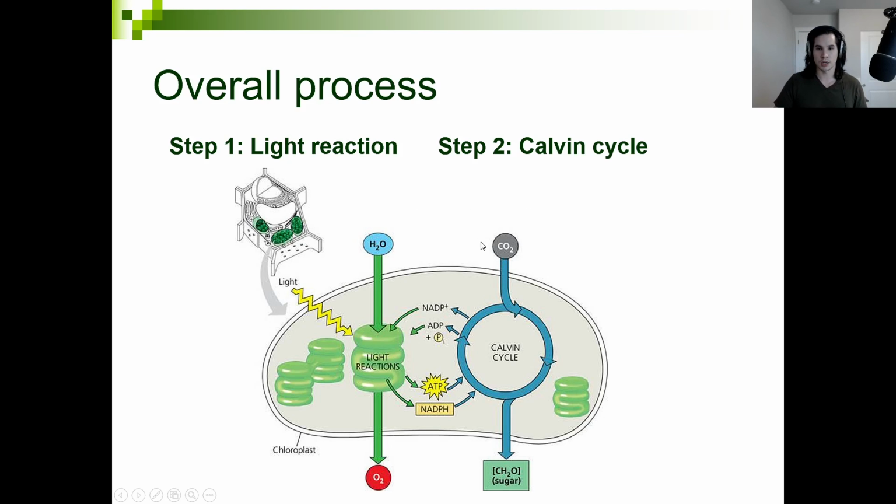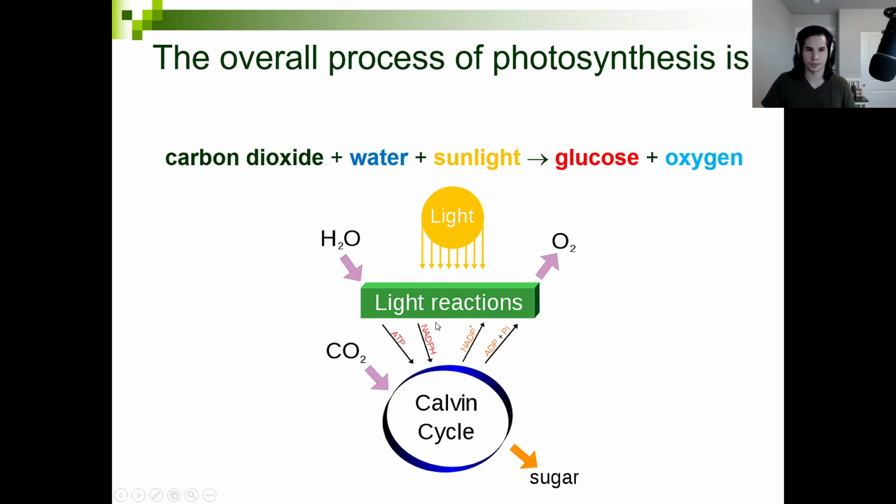Because taking CO2 and splicing those smaller molecules together into a larger molecule is endergonic, it takes energy, and that's why the light reaction exists: to potentiate this Calvin cycle. The Calvin cycle is building sugars from smaller things, and your light reaction is just getting enough energy and electrons to feed into the Calvin cycle so that it can make those sugars.